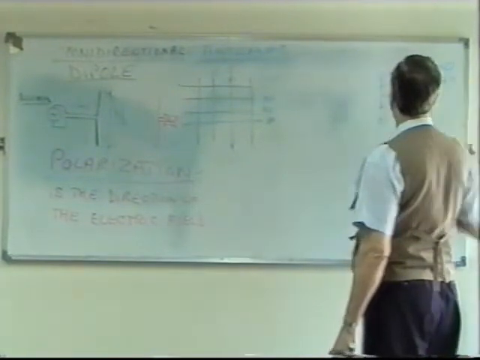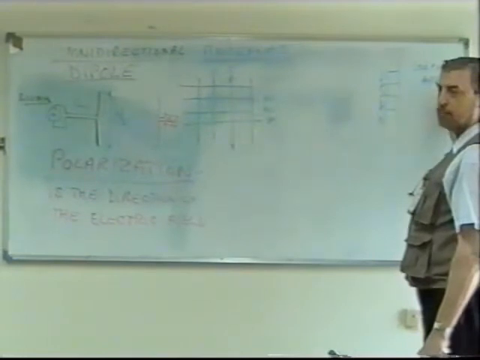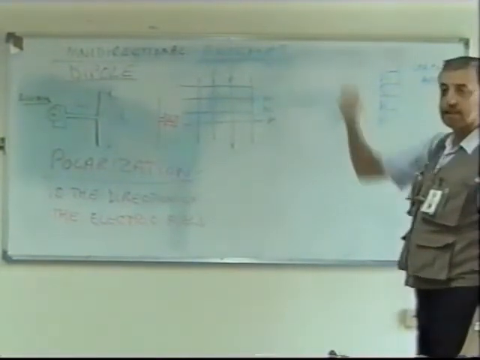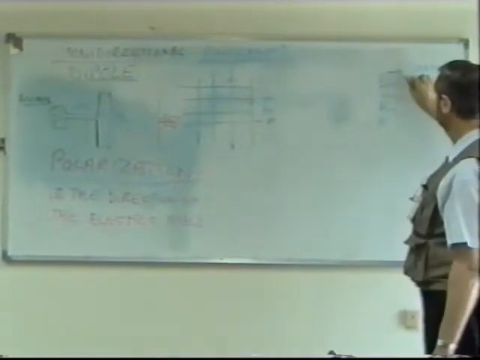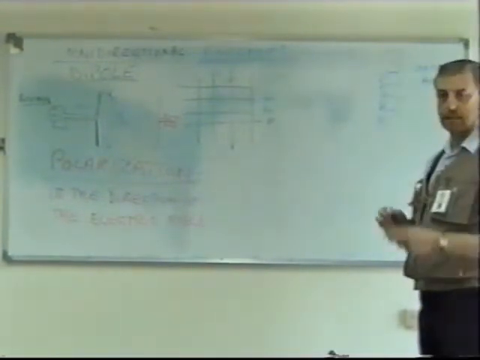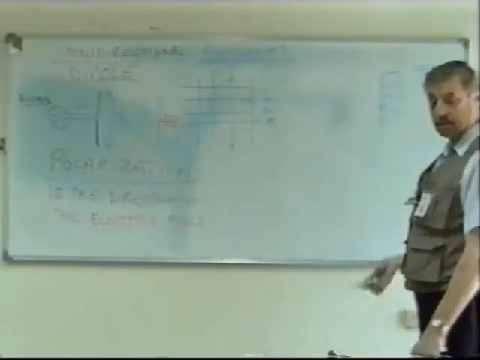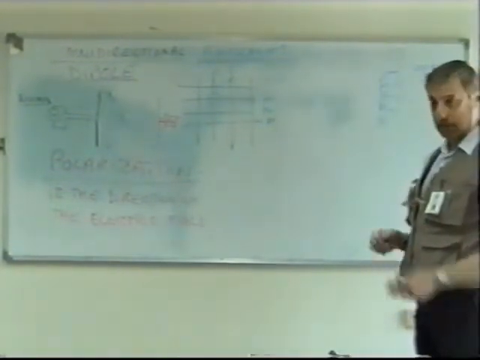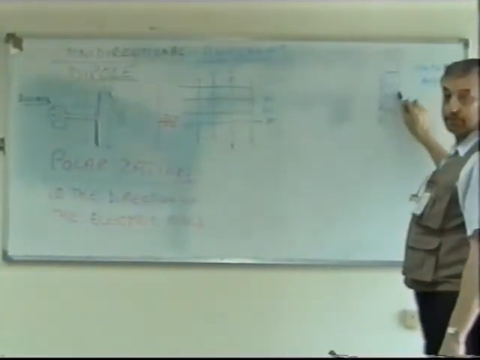And the word array means a number of antennas connected together. Here we have an example of 1, 2, 3, 4 antennas connected together. Although I've not shown it here, they're all connected to the same transmitter. Essentially, they're all dipoles.